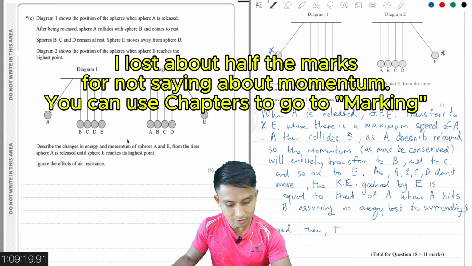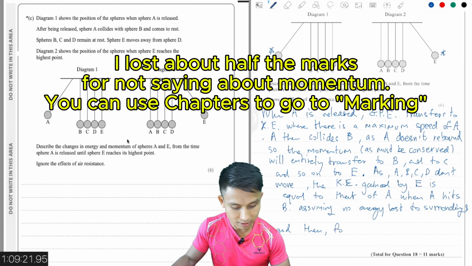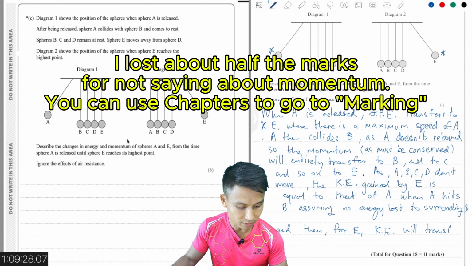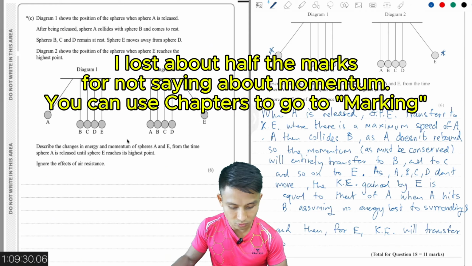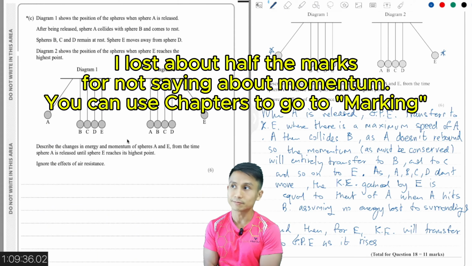And then for E, KE will transfer to GPE as it rises.